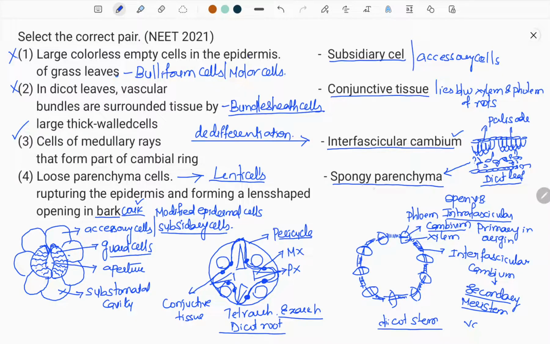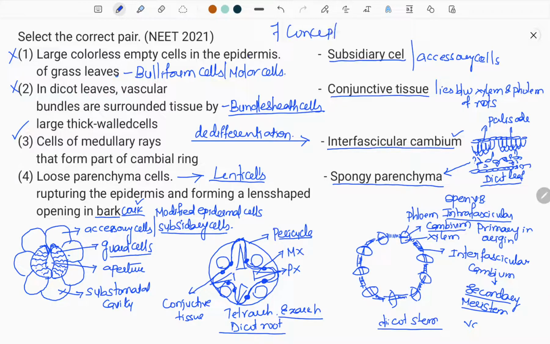At the same time you should know what spongy parenchyma is. So in options 1, 2, 4, six concepts he is testing, and the third option tests one concept. In total he is testing seven concepts.